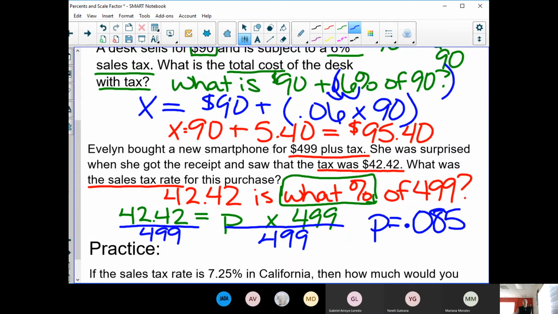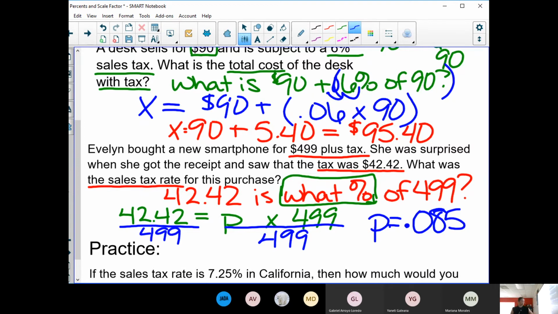So 0.085. Is 0.085 a decimal or a percent? It's a decimal, but we're being asked to find the percent.